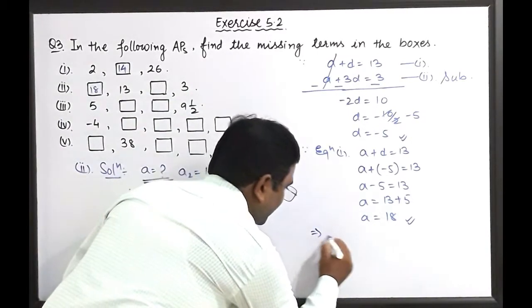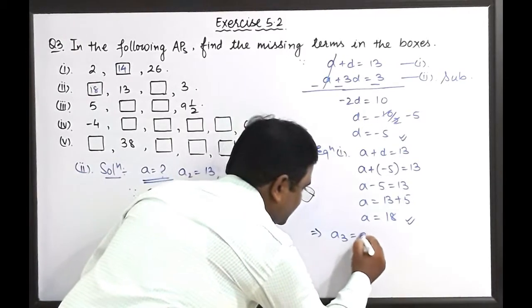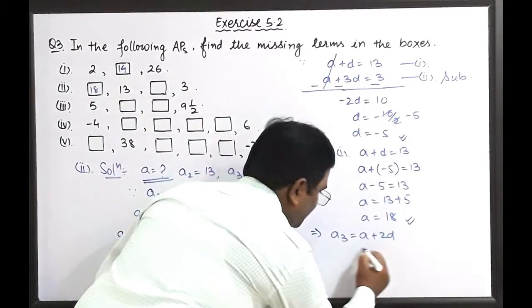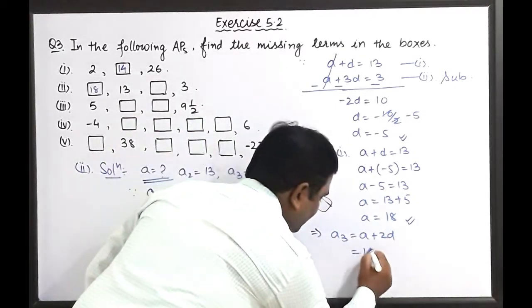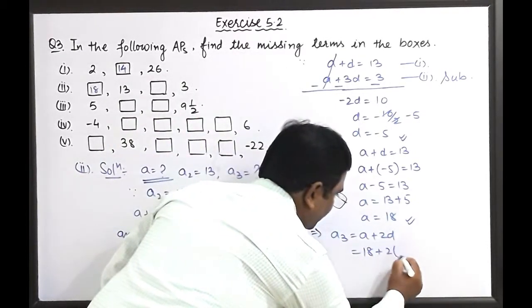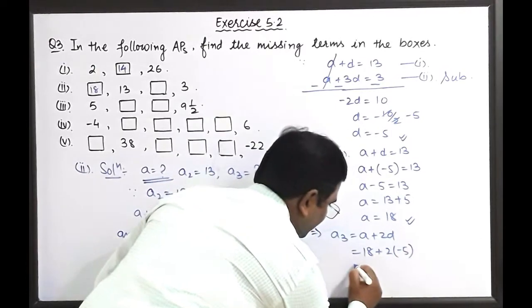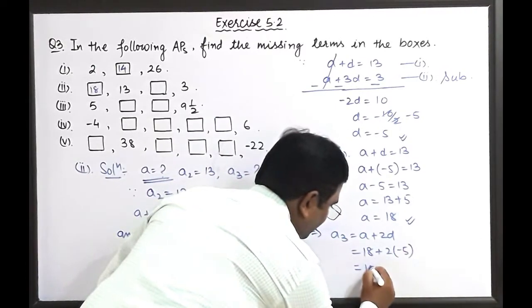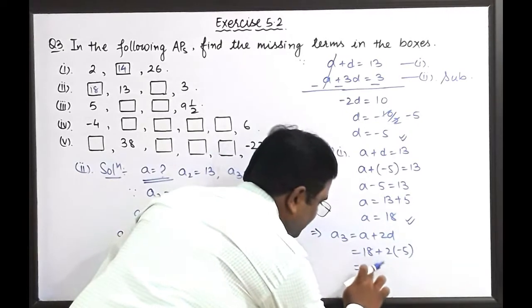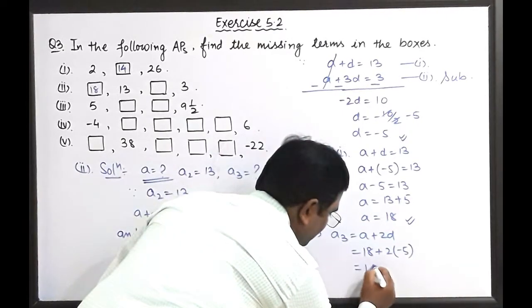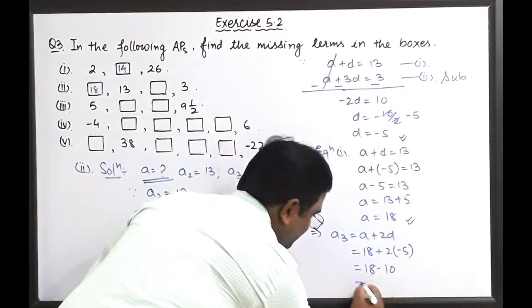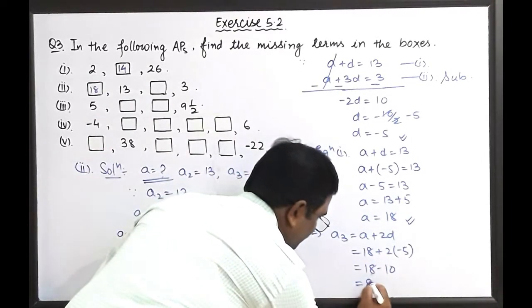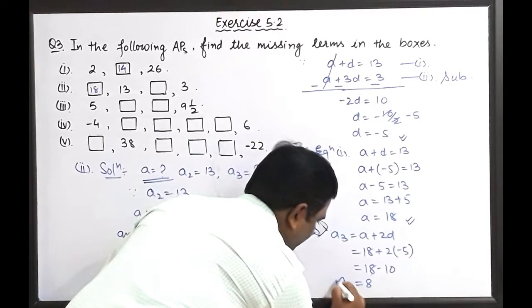The formula you have is A plus 2D. Substitute it. The value of A is 18 plus 2 into the value of D, which is minus 5. So 18 minus 10, plus into minus is minus, means A3 is equal to 8, the third term came.